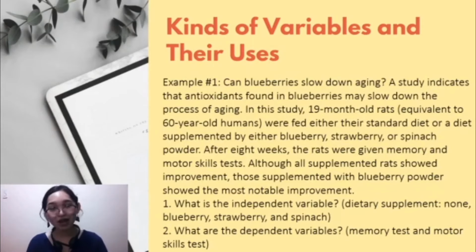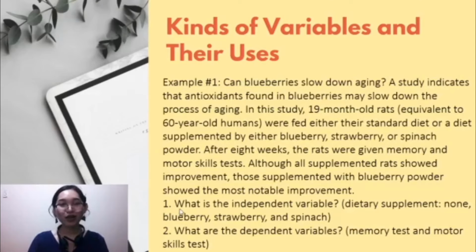So, based on the findings that you have after your study, nakita mo na lahat sila nag-improve. However, yung group ng mga rats na binigyan mo ng blueberry, sila yung mas nag-improve. Which means na effective pala yung blueberries to slow down the aging.